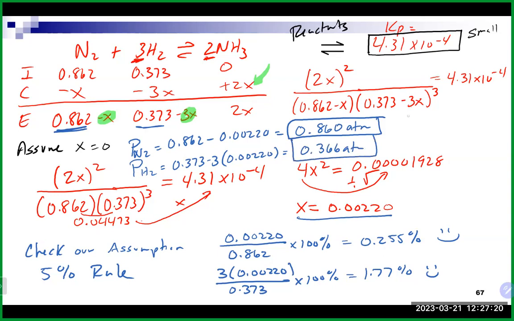And lastly, here our NH3 would be 2 times X, 0.00220. Gets us 0.00440 atmospheres in this case. Question on that there? Yeah.